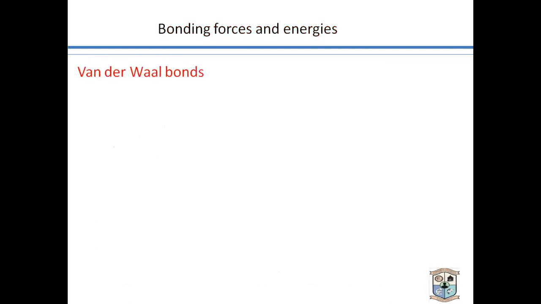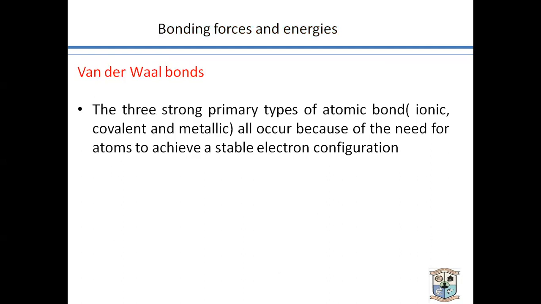So there's also what is known as the van der Waals bonds, named after the scientist that discovered them. The three strong primary types of atomic bonds are ionic, covalent, and metallic, and all occur because of the need for atoms to achieve a stable electron configuration.